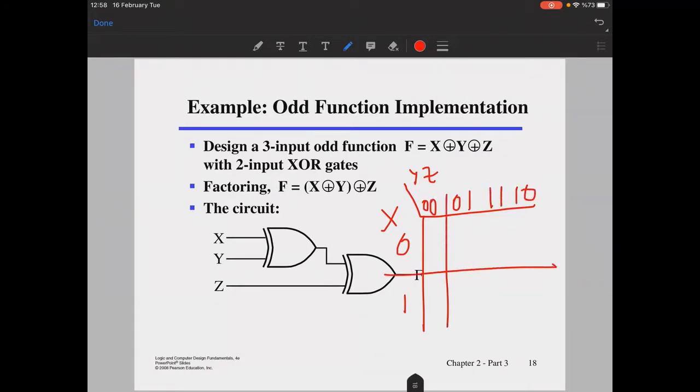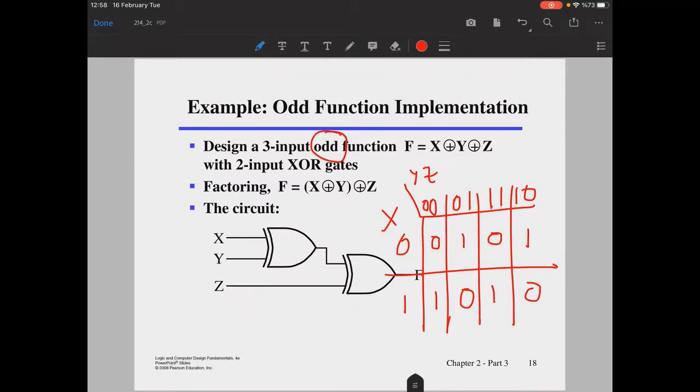You will exactly see the checkerboard pattern here since it is odd, and in the odd index numbers, you will have a pattern like this. Okay, that's the idea. This is what we have in the K-map for this odd function.